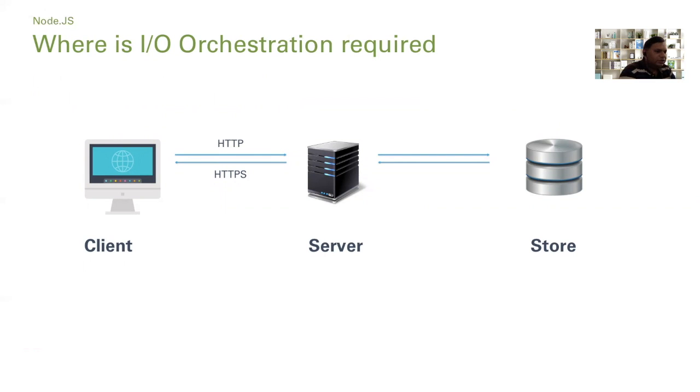Now the server will either store the resource in a data store behind or retrieve information from these stores and send it back to the client. This form of communication is something which Node.js is extremely efficient in. And we will go through these examples of different kinds of stores through which we can communicate.